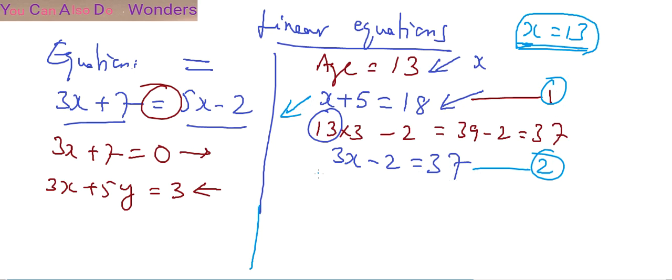For this one, if my age is multiplied by 3 and 2 is subtracted from it, the value will be 37, or we can say 2 subtracted from thrice my age is equal to 37.